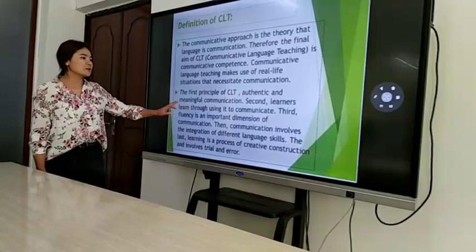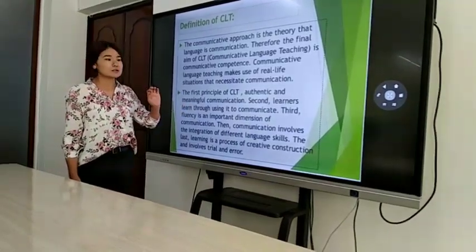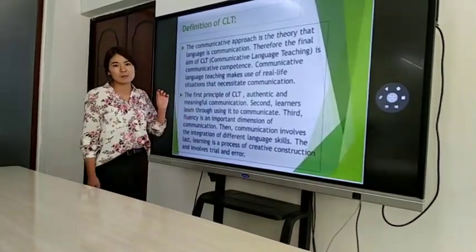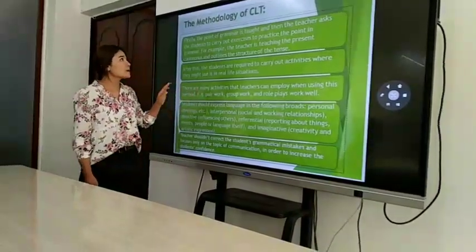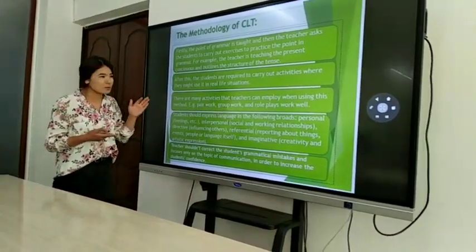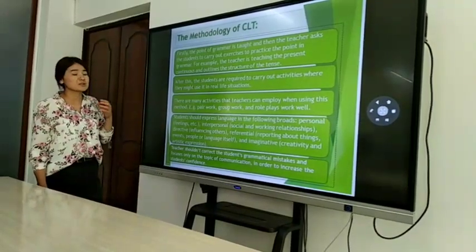And the second principle is that learners learn through using the language to communicate. And the third one is fluency. Also, CLT methods pay attention to fluency. And if we speak about the methodology of the CLT method, for example, grammar.